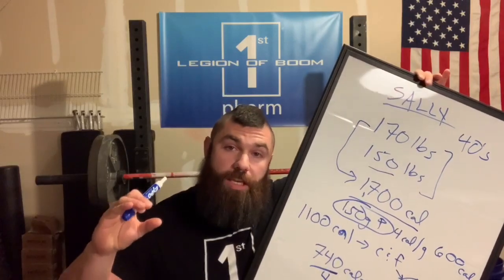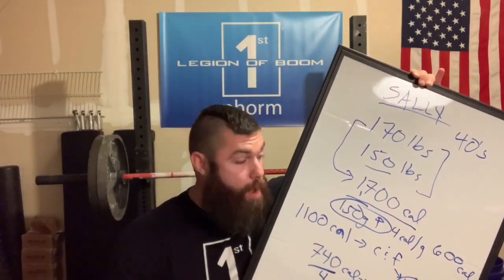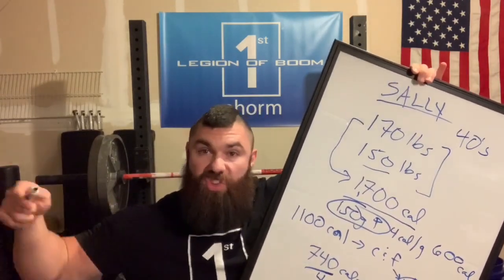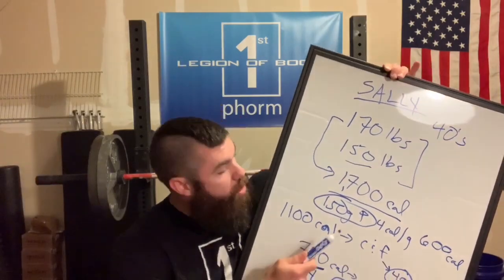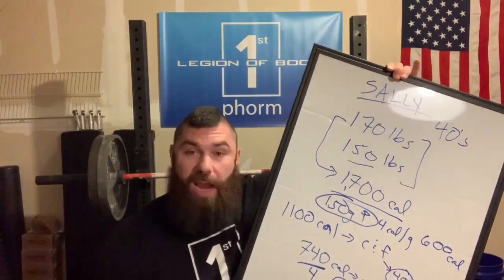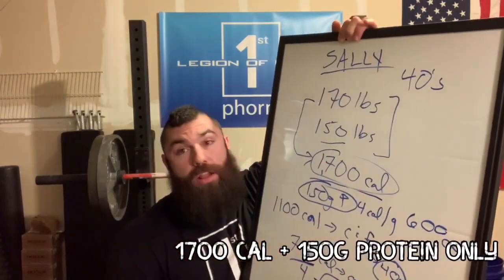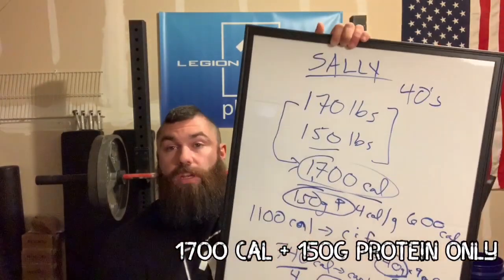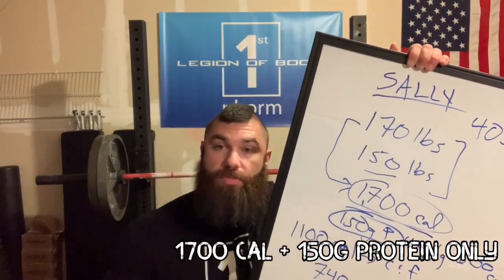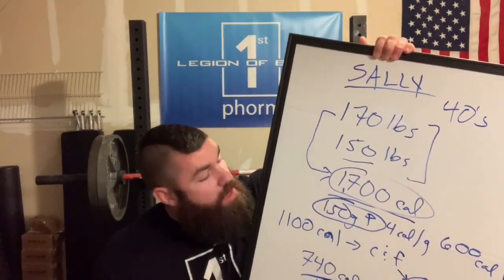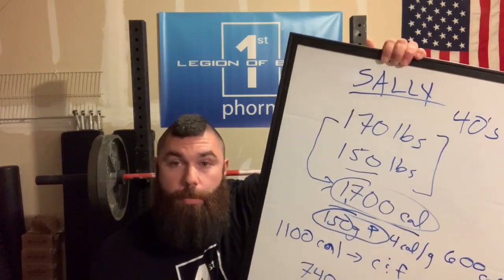So as long as we keep the total calories in check that's coming from both of those, we're going to see progress, especially if we're hitting that protein number. So you might even say, we're gonna target 1,700 calories and 150 grams of protein per day. Carbs and fats will work themselves out as long as we're adhering to that calorie number.